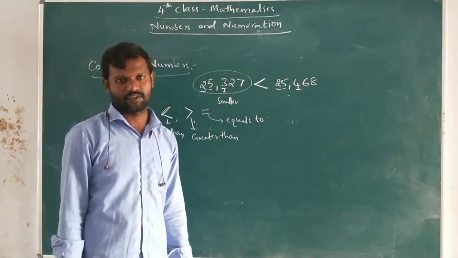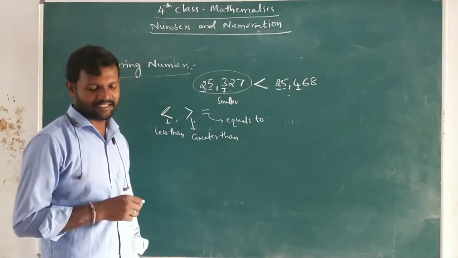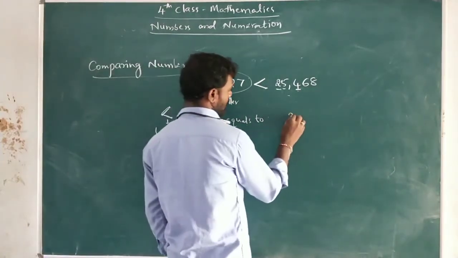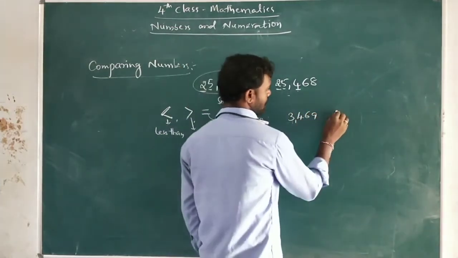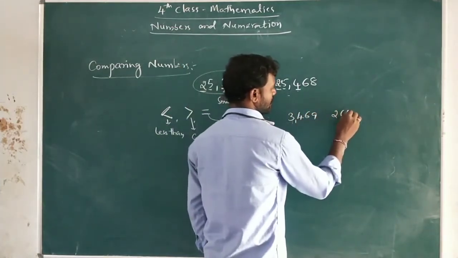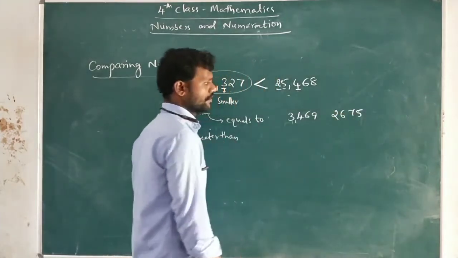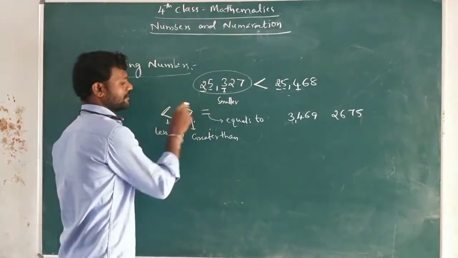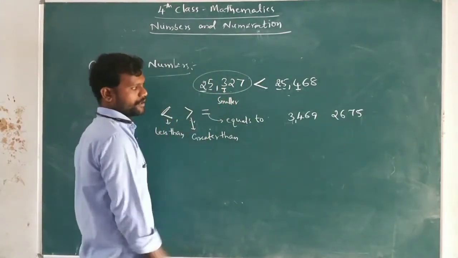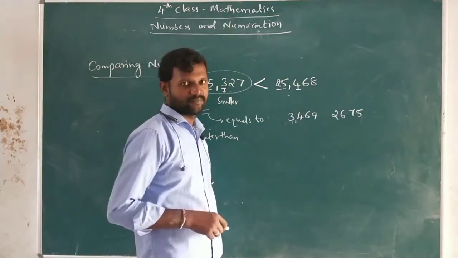25,327 is less than 25,468. Now similarly, for example, 3,469 and next 2,675. Use less than, greater than, or equals to. Which symbol do we use here? First identify which is the bigger number.